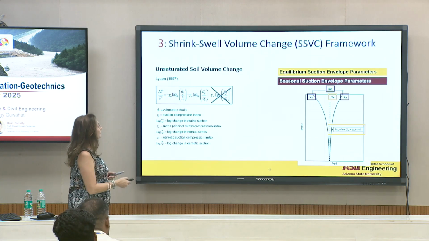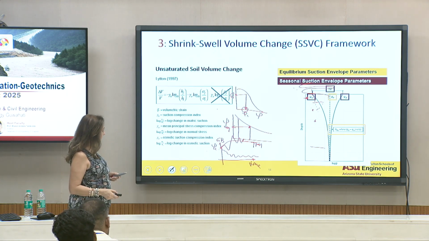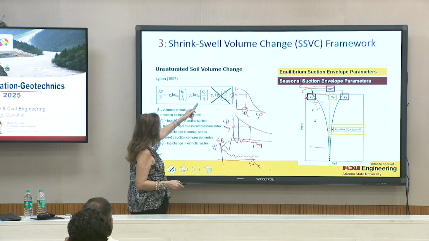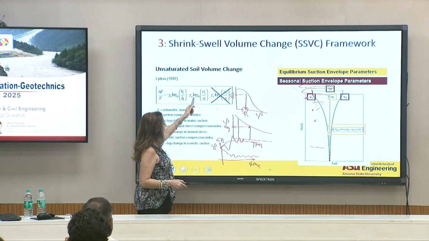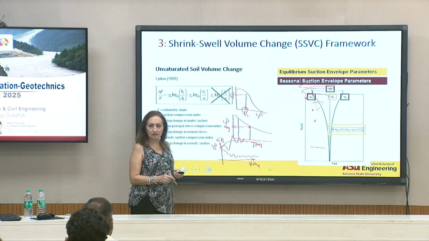Sure. Here in that equation, sigma F and sigma I are the normal stress, the overburden stress.